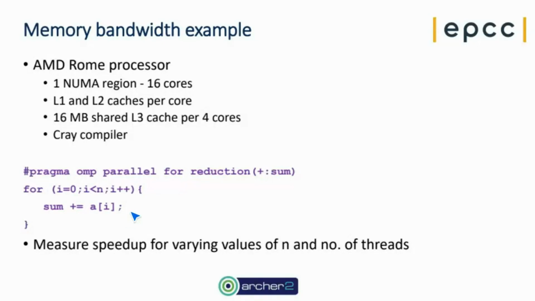So what the experiment is doing is choosing different values of n, the length of the loop, and therefore the amount of data being accessed in A. We vary that, and measure the speedup that we get for different numbers of threads. The other important thing to mention is that I ran the loop first.